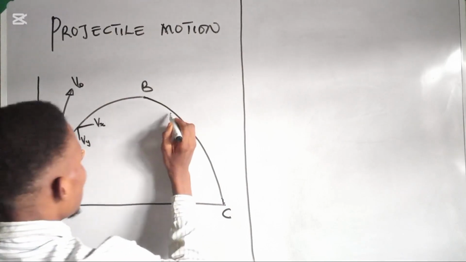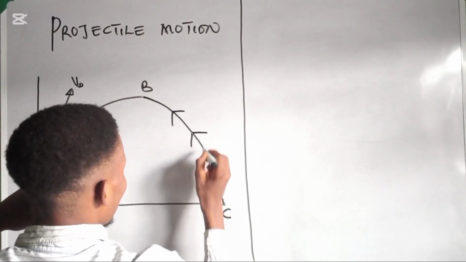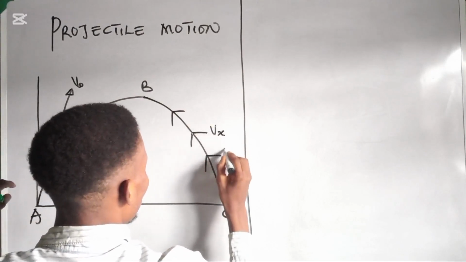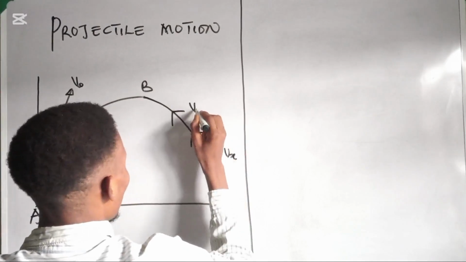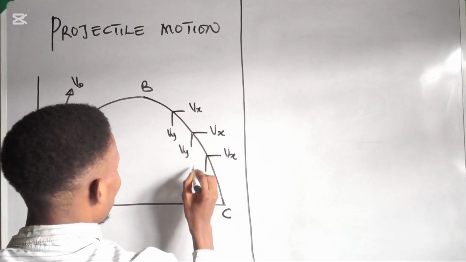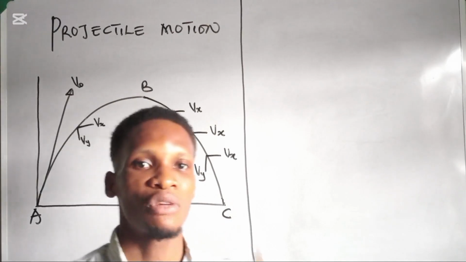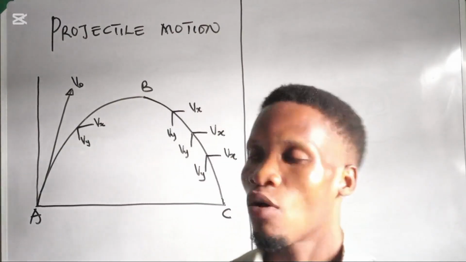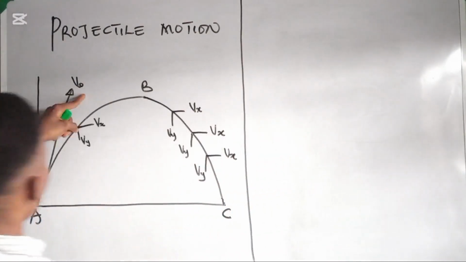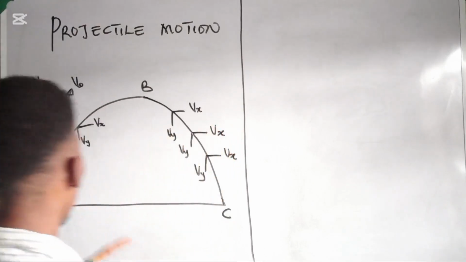If we consider any of these other points, here will be Vx, here will also be Vx, and here is Vy, Vy. This Vx and Vy stand for the final velocity of the object being projected, whereas V naught stands for the initial velocity.